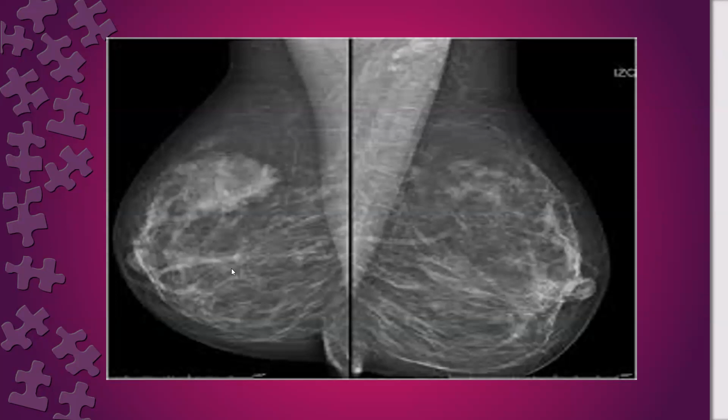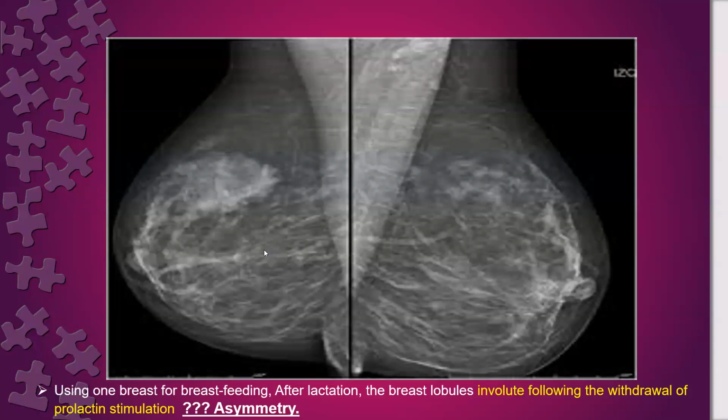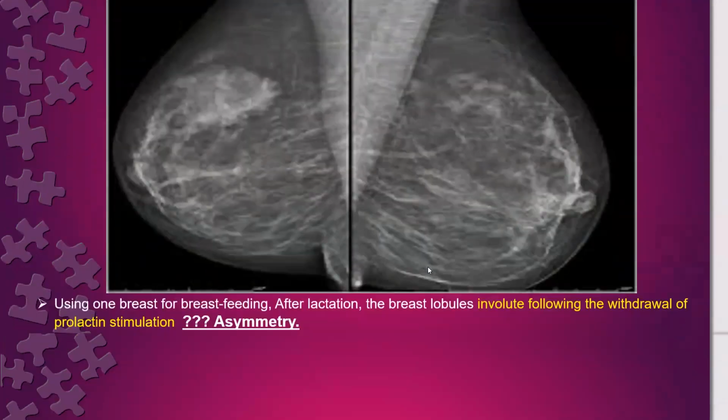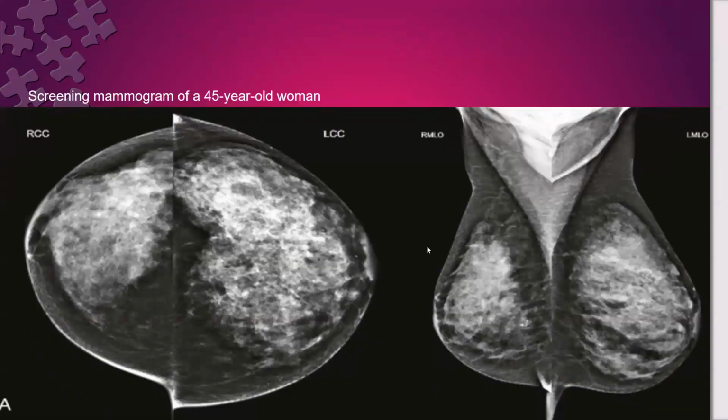You got it? But by ultrasound, there was nothing. And this lady just used one breast more than the other during lactation, and it was related to the lactation asymmetry.